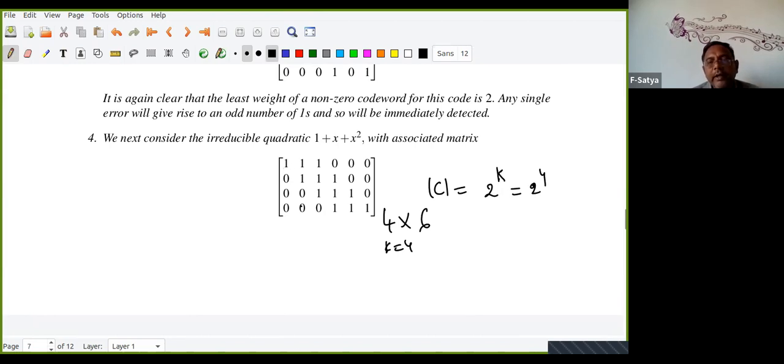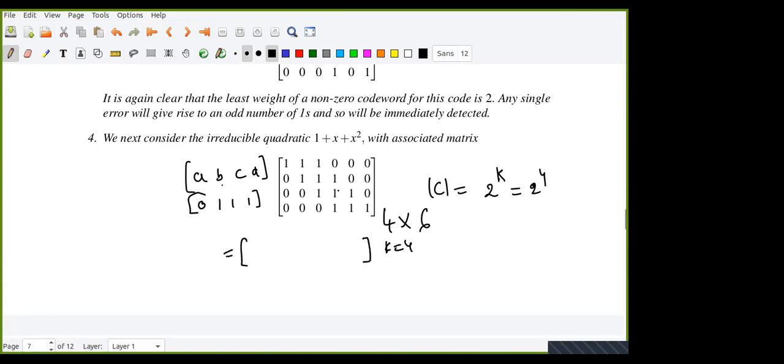These 4 and any linear combination of these, that is exactly what I'll get by multiplying by a, b, c, d, correct? The a, b, c, d values are 0 or 1 each. What is the meaning of 0, 1, 1, 1 multiplied to this? It is the addition of the second, third, and fourth rows.